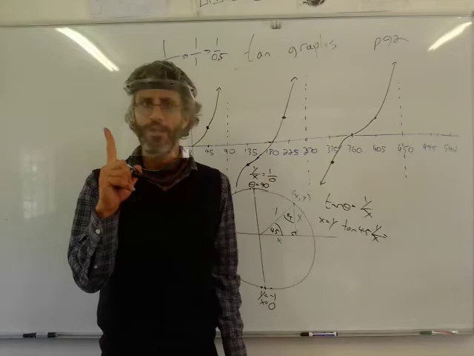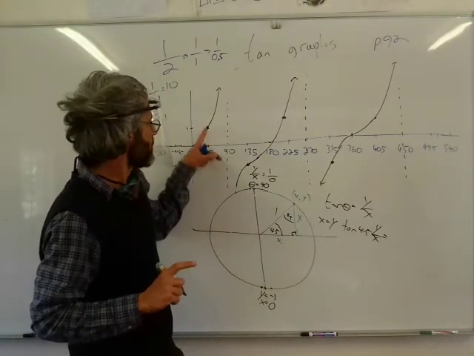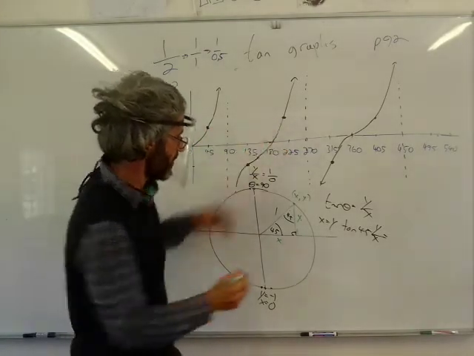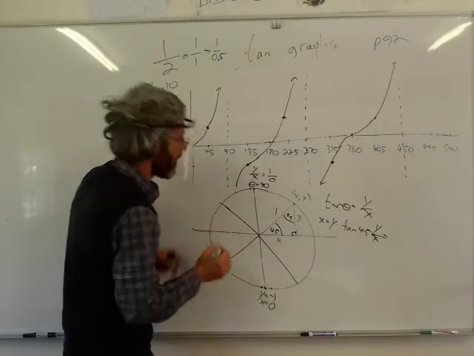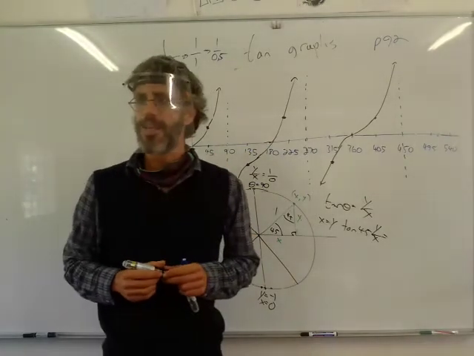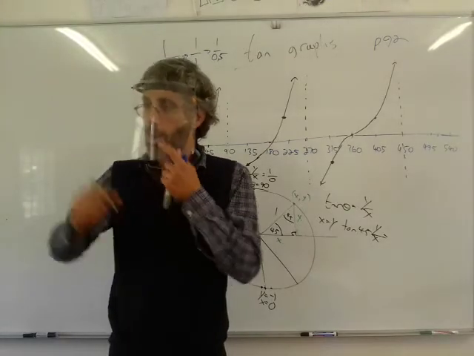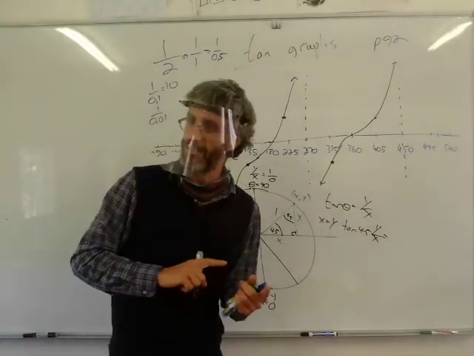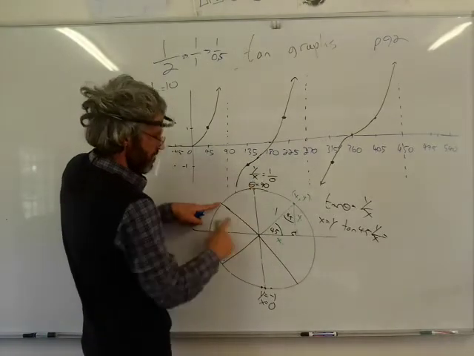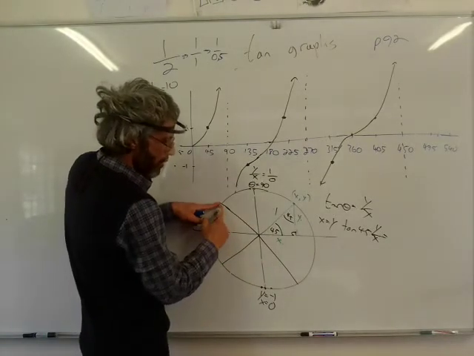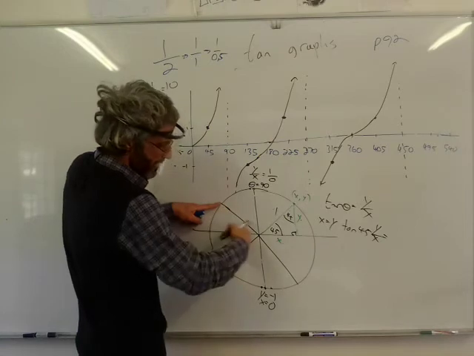1. So at the critical points, which happen here, here, here, and here, the x and the y are the same. So we're going to get 1 or minus 1. Over here, we're going to get minus 1. This is 135. Why minus 1? Because the y is positive, but the x is negative.